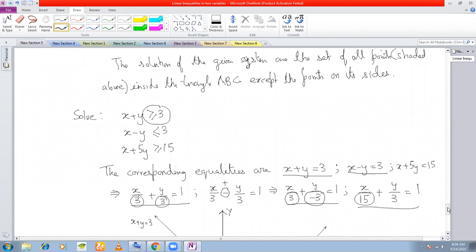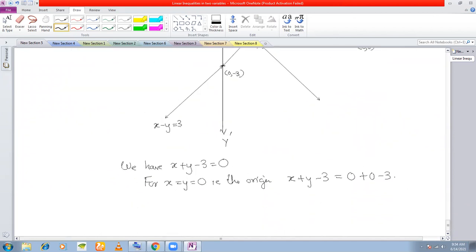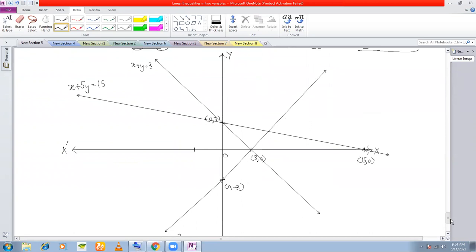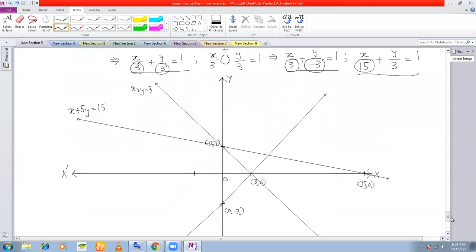What is the inequality sign here? Greater than. We are getting this as minus 3. Is minus 3 greater than or equal to 3? Yes. So therefore, which side will we shade? We'll shade the origin side of this line.